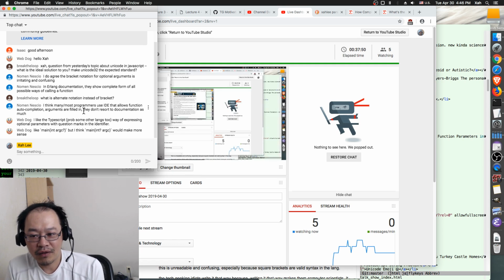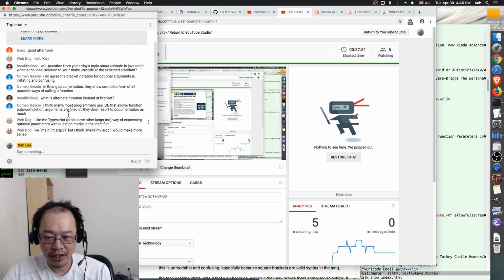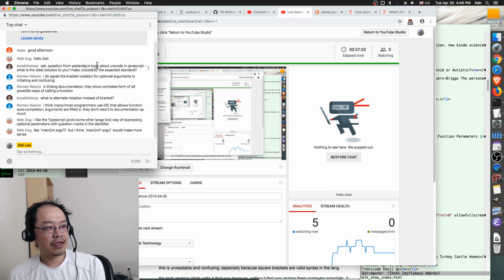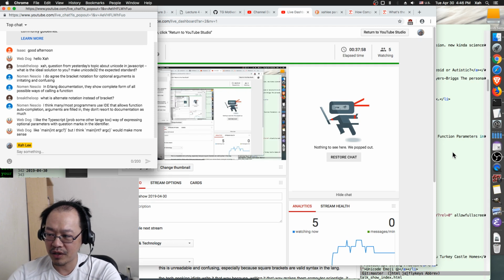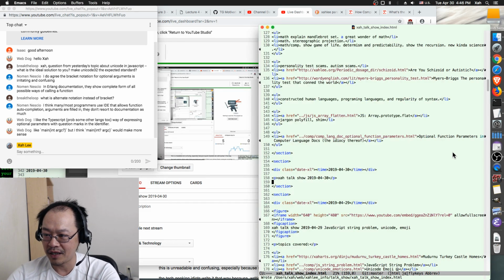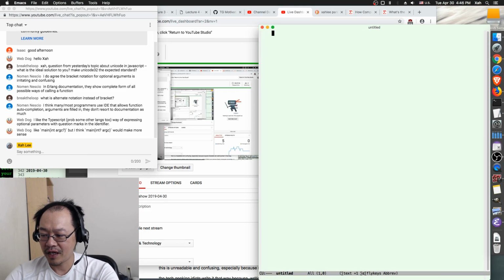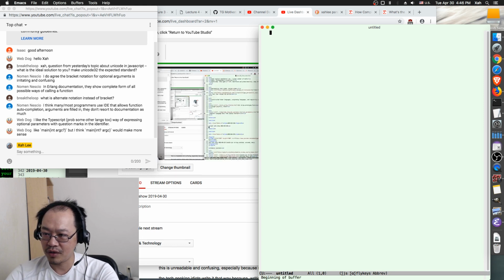No. So the ideal solution is to introduce a pragma. For example, let me open a new buffer, magnify, switch to XOR JavaScript mode, and so the ideal solution is to introduce something like this.